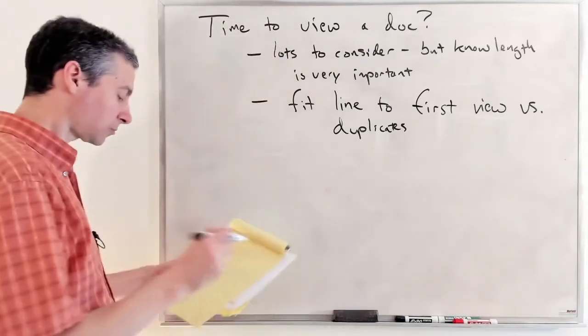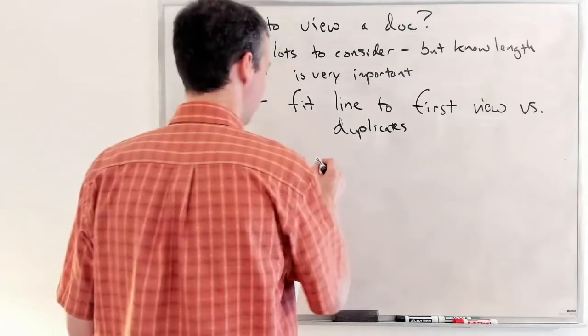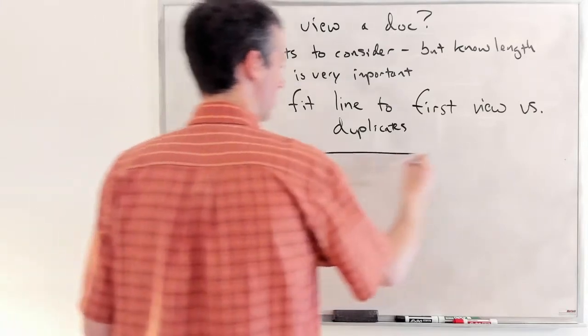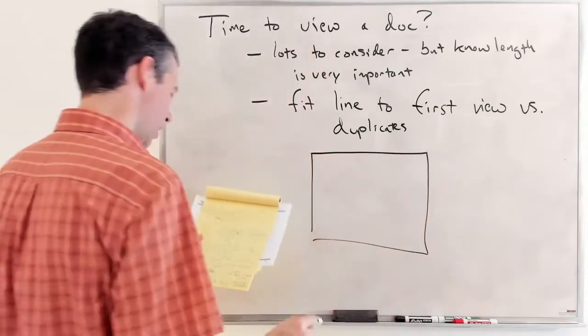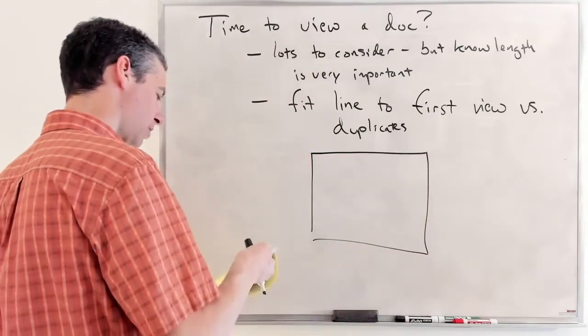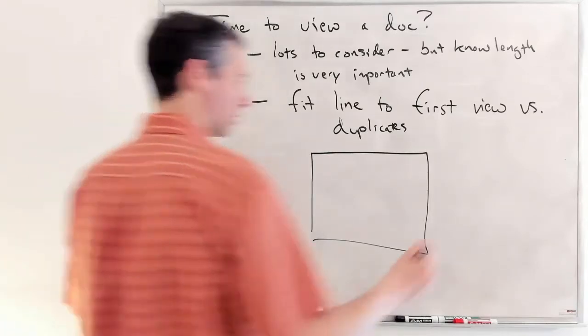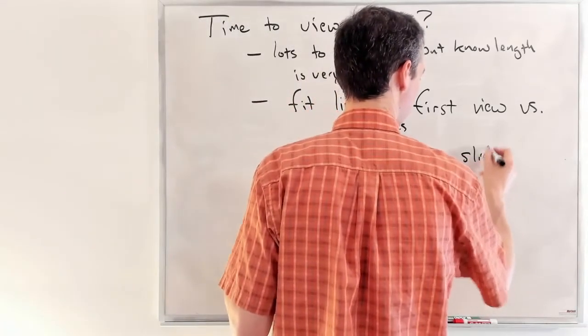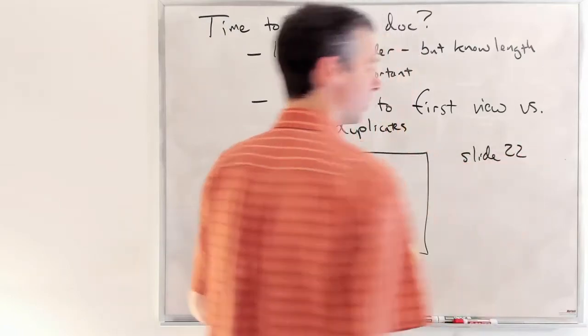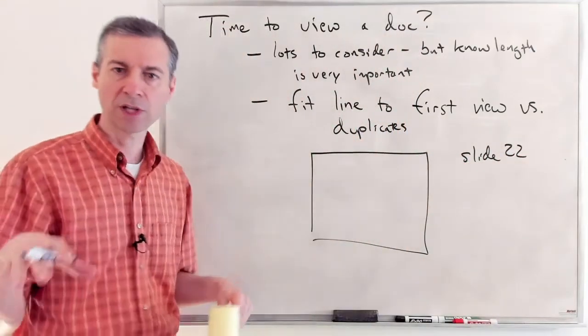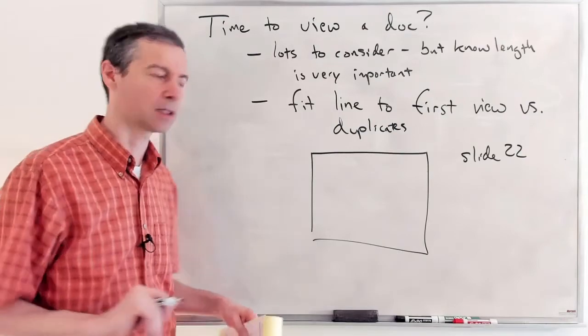Now, we have a nice slide of this in the presentation. I don't have fancy video to transfer over. This is slide 22 in the PowerPoint presentation for the time bias gain.